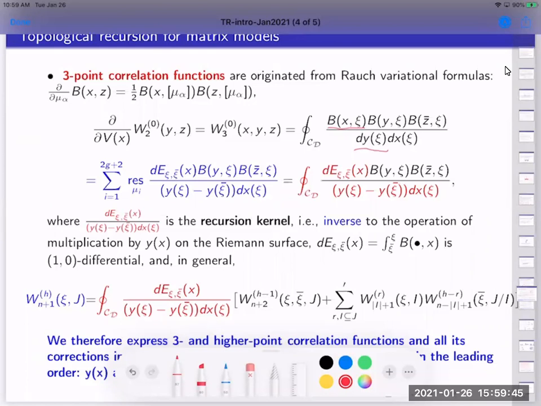Because the same combination appears everywhere. It's a combination that we call a recursion kernel, the kernel of the topological recursion. But so far, for the 3-point correlation function, we have the first appearance of the residue formula.